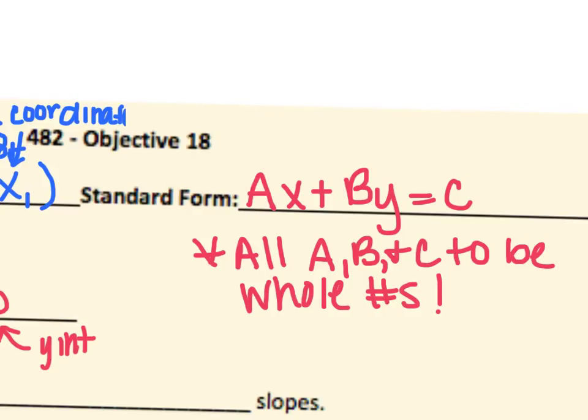So no fractions. And I know you guys will be happy because you hate fractions. So we can't have any fractions in standard form, and we'll take a look at how to fix that throughout the week and then throughout these notes.